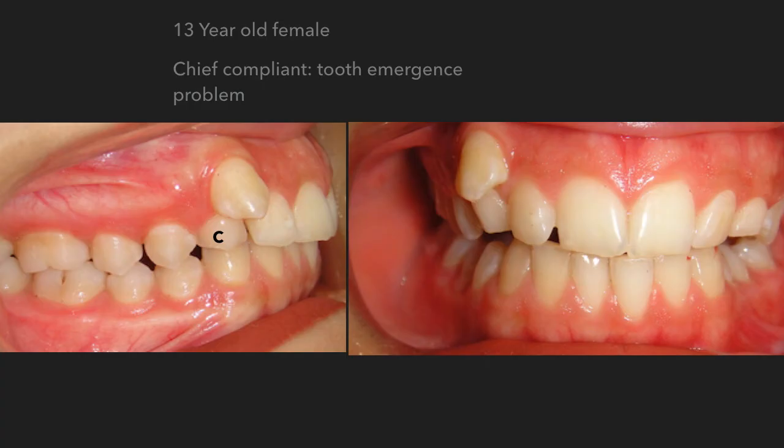Okay, the question now: can I apply this evidence on the right side, on the buccally displaced canine? In my own opinion, no, we cannot apply the findings of those systematic reviews on the right side, because I think there are other factors that can help this canine get back into its position.